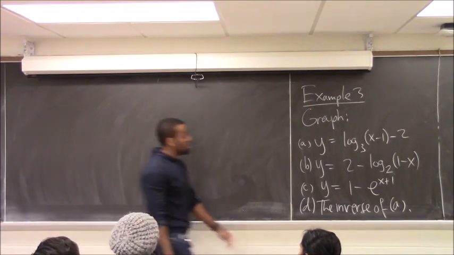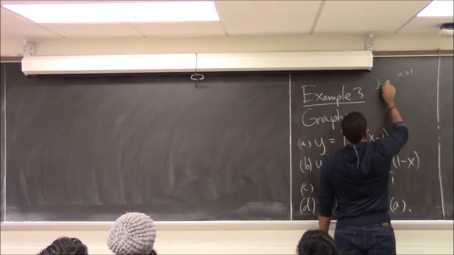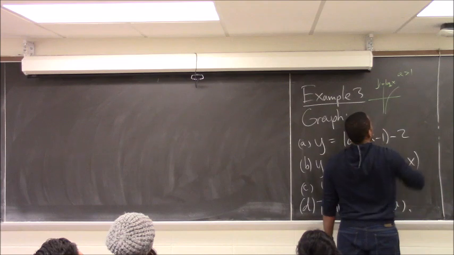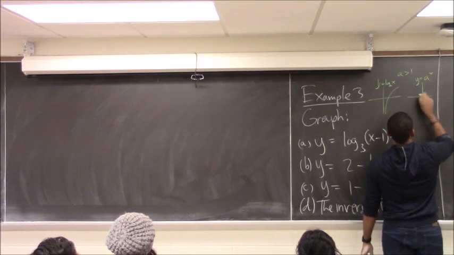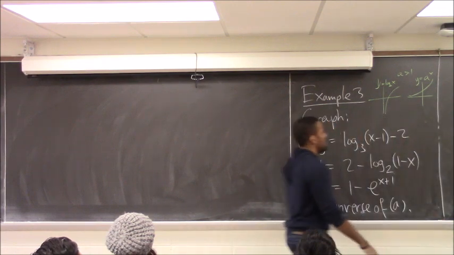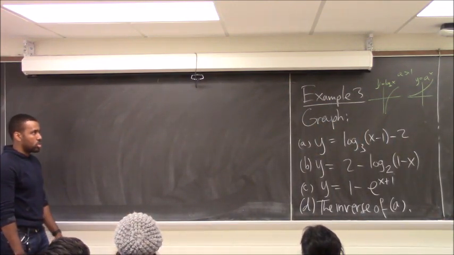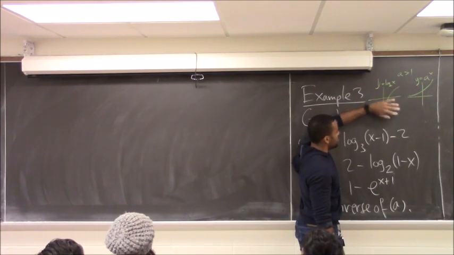We automatically know that, assuming our a is greater than 1, if I have log to the base a of x, the shape looks like this. And if I have a to the x, the shape looks like that. Yes, I know they have asymptotes, but I have a general shape in mind for what it's going to look like. And I know if I were to put a negative in front of this, it just flips upside down.